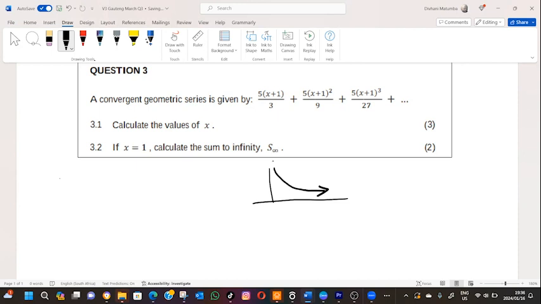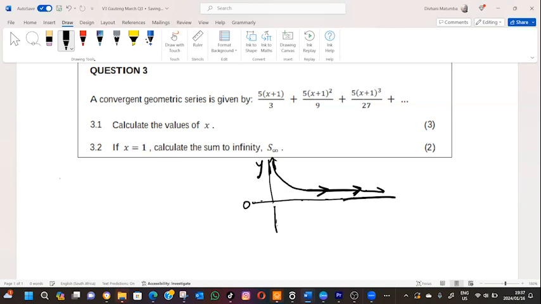What happens is, if you have a geometric function, as you move to infinity, that function moves closer and closer to a certain value, which in this case will be 0.